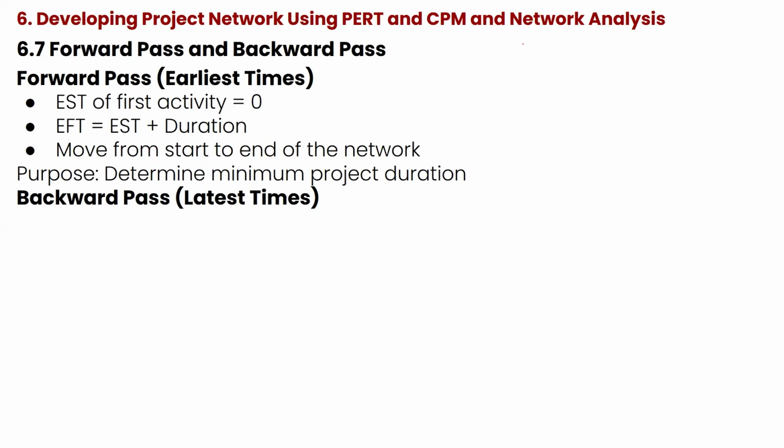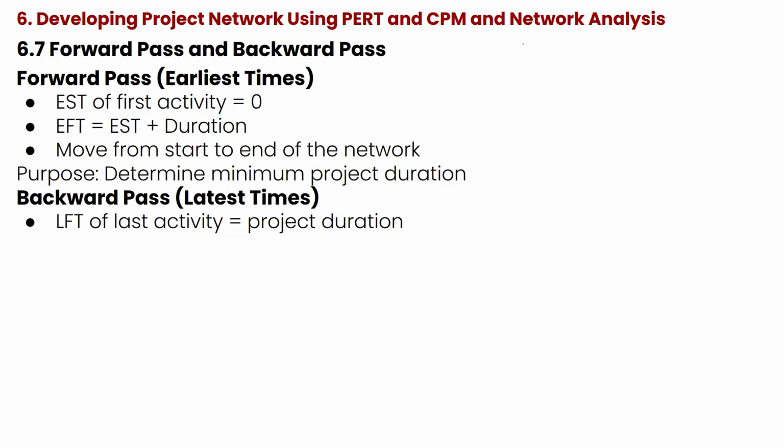So for the forward pass, your interest is the earliest times. For the backward pass, your focus is the latest times. For this, you have your LFT. The latest finishing time of the last activity is equal to the project duration.